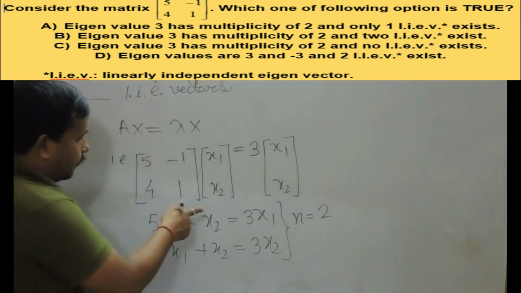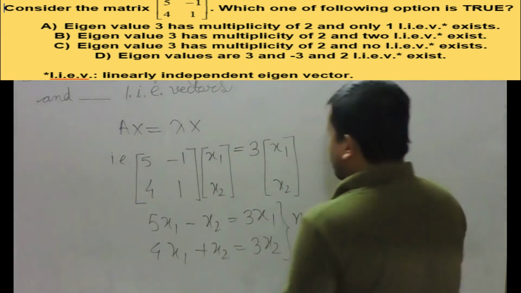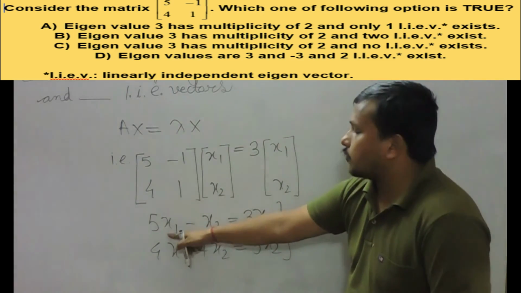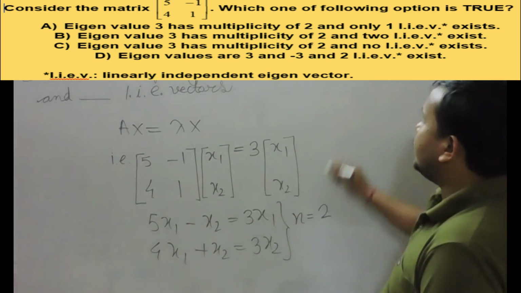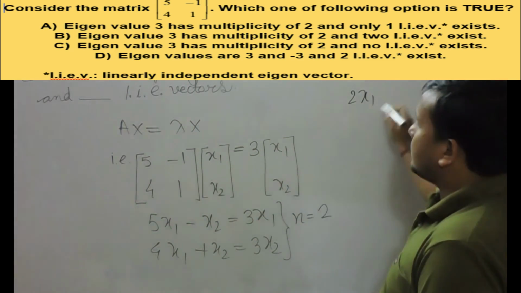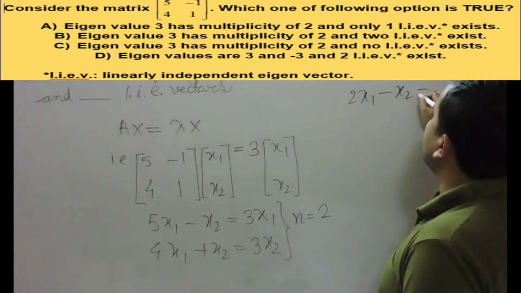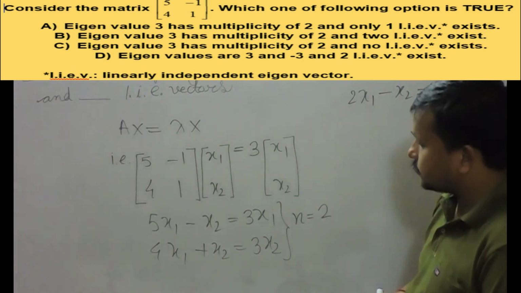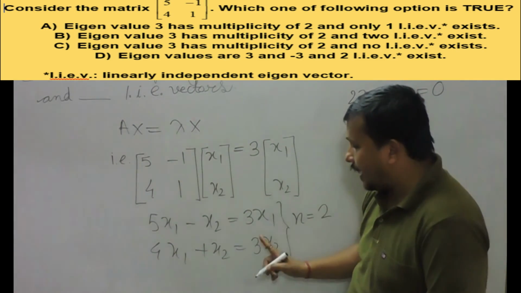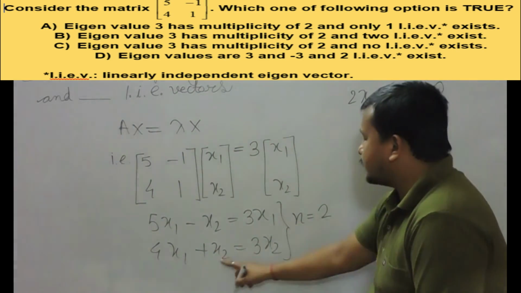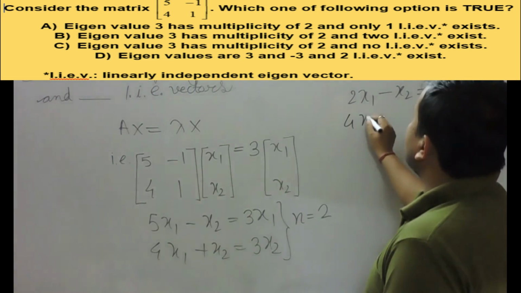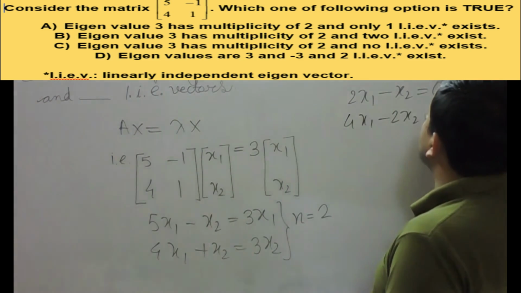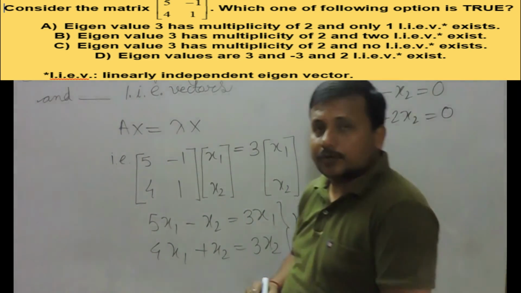The first equation has 5x1 on the left and thrice x1 on the right, so twice x1 minus x2 equals 0. In the second equation, you have 4x1 minus twice x2 equals 0.